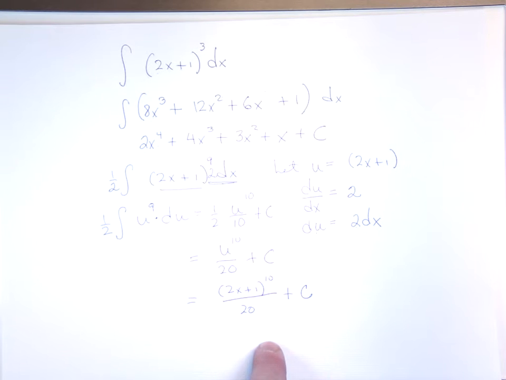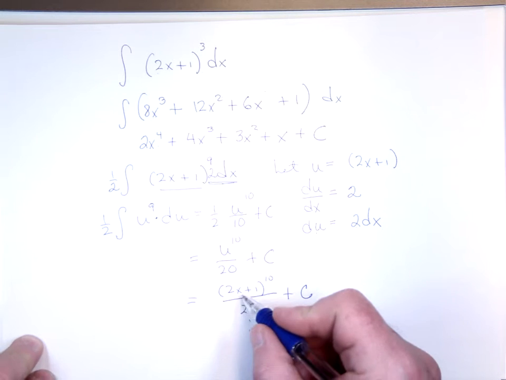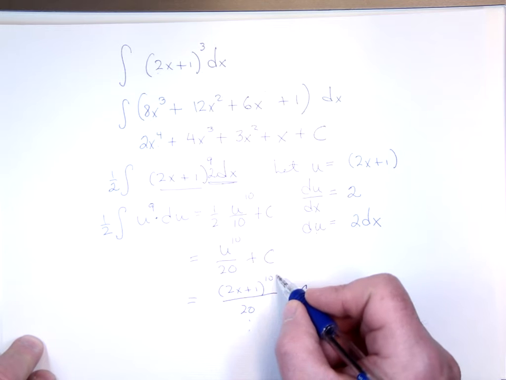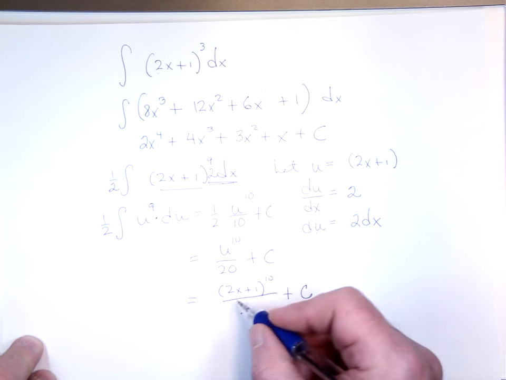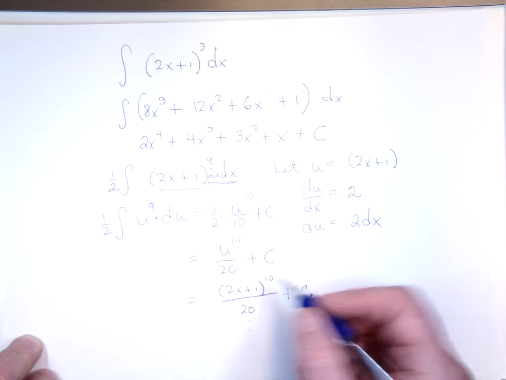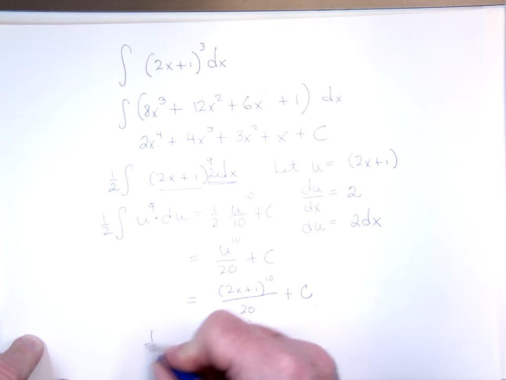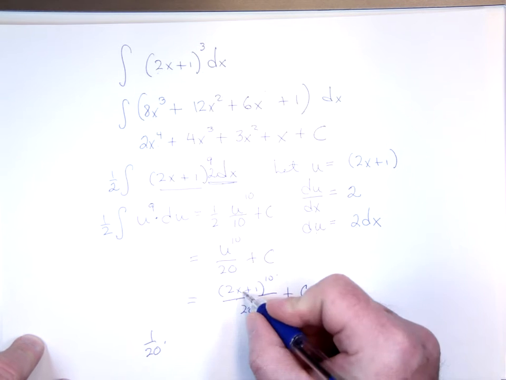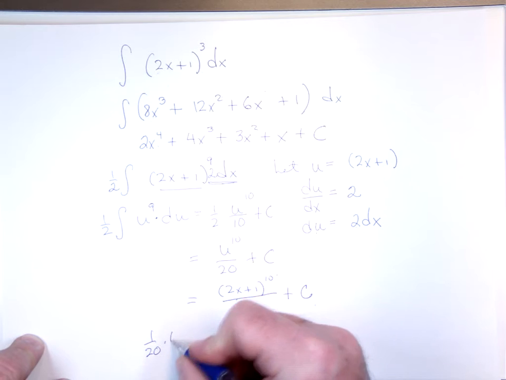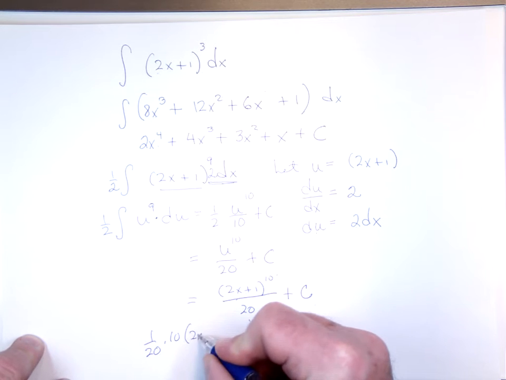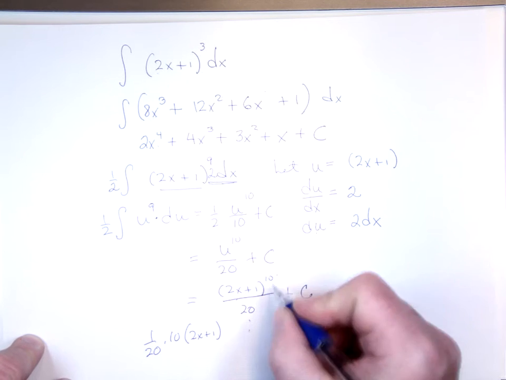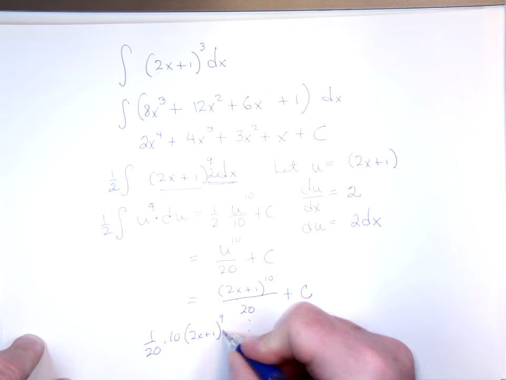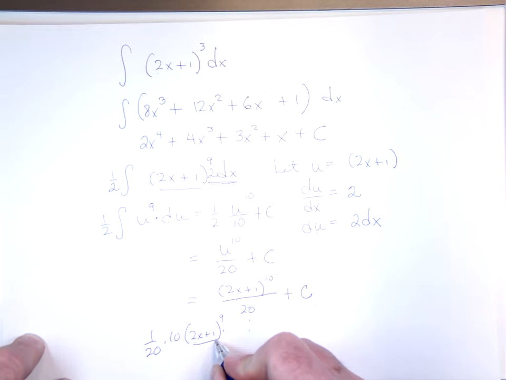Yes, that's exactly right. Let's take the derivative of this expression. We have a u to the n. This is what you did in Calc 1, right? The derivative is the 1/20th, the constant, times the derivative of u to the n, which is n, u to the n minus 1, times du dx, the derivative of 2x plus 1, which is 2.